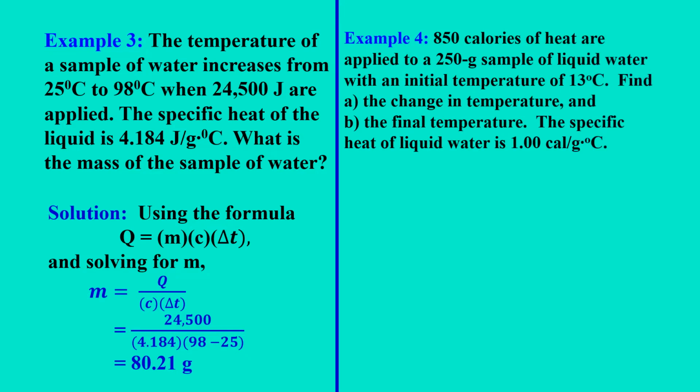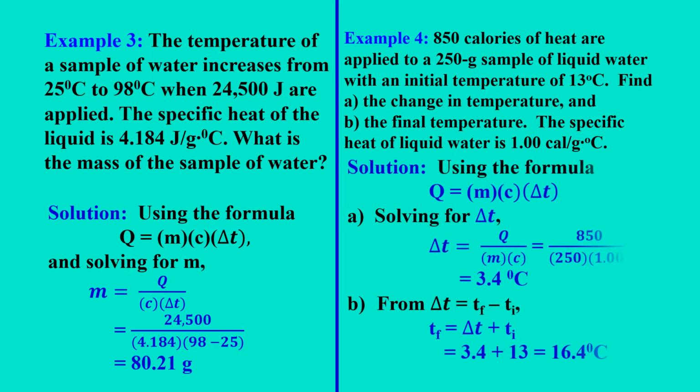Example number 4. 850 calories of heat are applied to a 250 gram sample of liquid water with an initial temperature of 13 degrees Celsius. Find letter A, the change in temperature, and letter B, the final temperature. The specific heat of liquid water is 1 calorie per gram per degree Celsius. Solution.